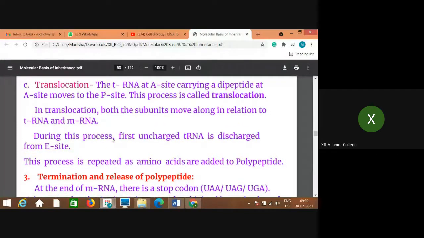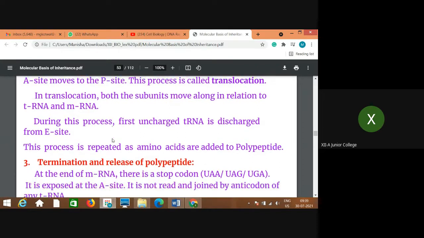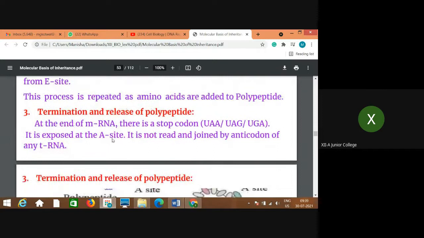So translocation means there is a movement of ribosomes in coordination with the tRNA and mRNA. During this process, the uncharged tRNA is discharged from the E site, and this process is repeated as amino acids are added to the polypeptide. Then termination and release of the polypeptide takes place.